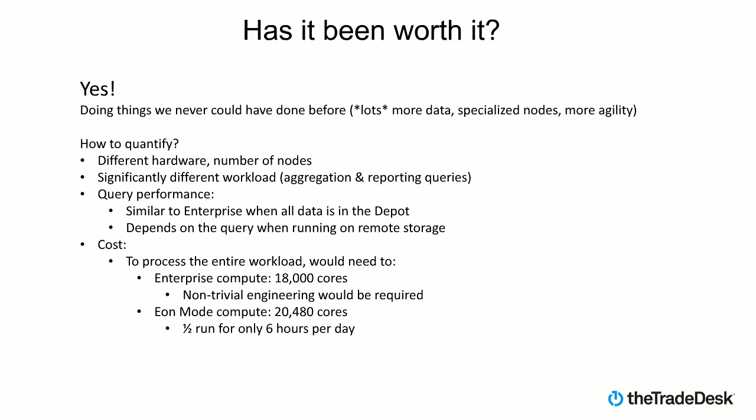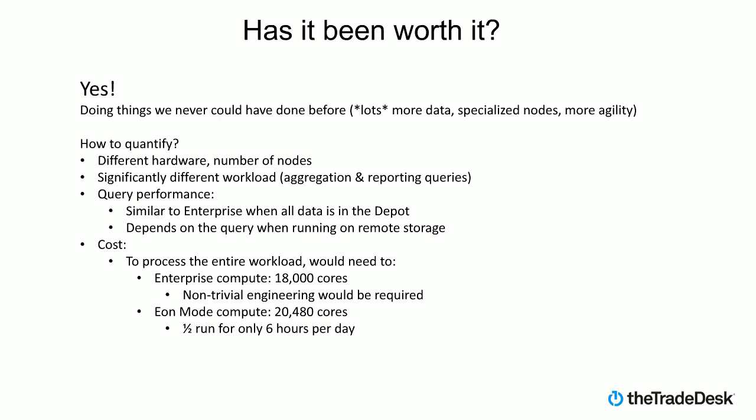And so with the on-demand and elasticity of the cloud, that is a huge advantage. And so we are definitely moving as fast as we can to being all Eon. We have time left on our contracts with the enterprise clusters. We're not able to get rid of them quite yet, but Eon is certainly the way of the future for us.